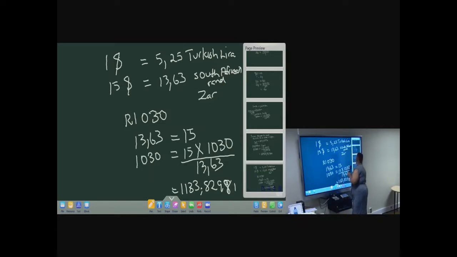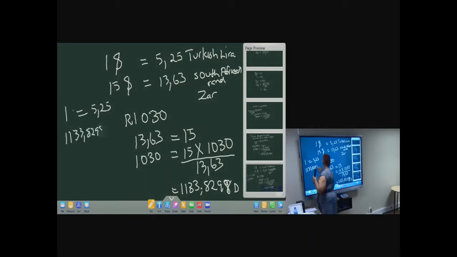Now you have your dollars. What do you want? You want your Turkish liras. Then you will have $1 is equal to 5,25. And then you will have 1133,8298 is equal to, what is on top, 5,25?